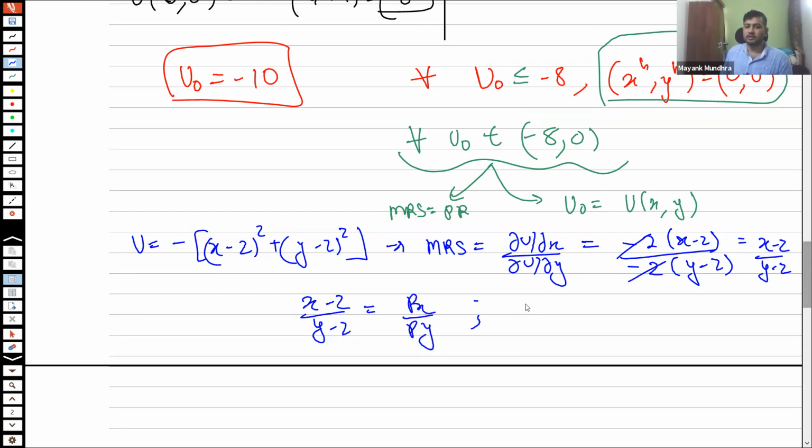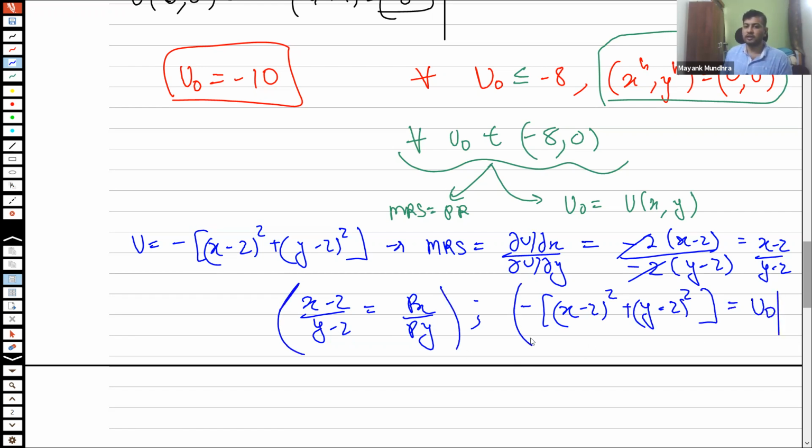The other thing is going to be, so you can just replace x minus 2 with this thing. The other thing is negative of (x minus 2) whole square plus (y minus 2) whole square equals u1. So you can use these two equations and solve it. A good thing would be to make some substitutions.